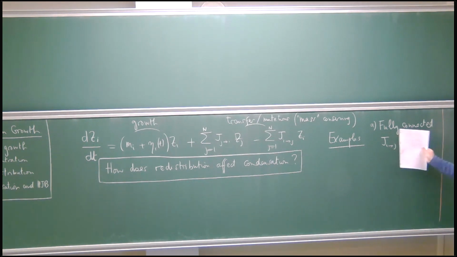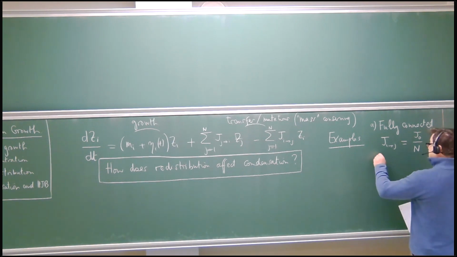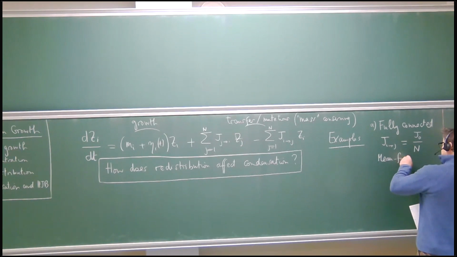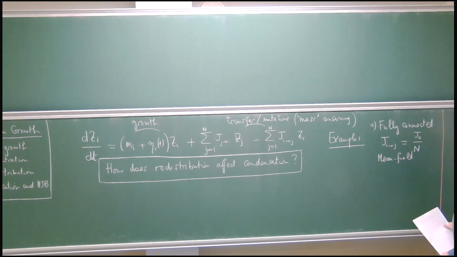So this is a very simple framework, which corresponds to what in statistical physics models is called the mean field limit. And of course, in this case, we are going to be able to solve the model, and that's what I'm going to show you in a second.